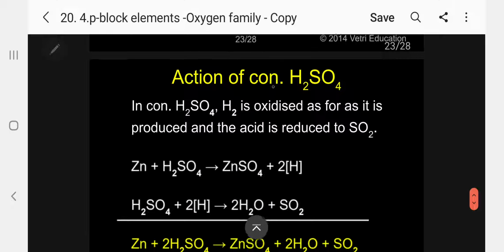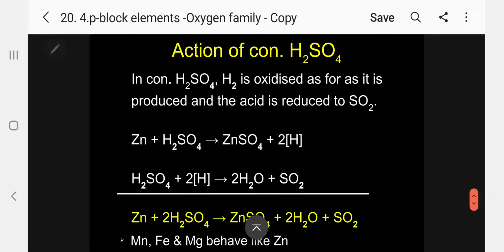Please follow. The next thing is the action of concentrated sulfuric acid, which I am going to discuss. Whenever it is an acid, we have to see two different actions: one is dilute acid and the other concentrated. As in other cases, we have to discuss dilute and concentrated here also.